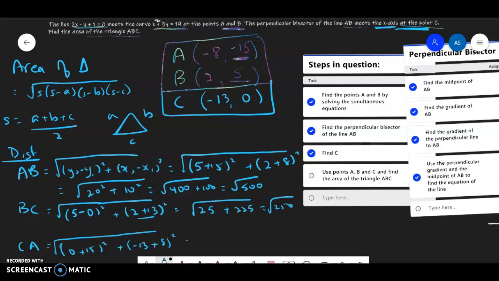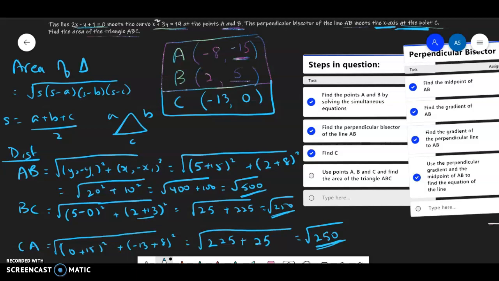Now, it wasn't wrong what I was putting there. It's just I ended up putting the x before. It doesn't matter. So 15 squared will be 225. And this one will work out to be 5 squared. So that'll be 25. So this again will be 250. So I have my three distances. I have the root of 500, the root of 250, and the root of 250 again.